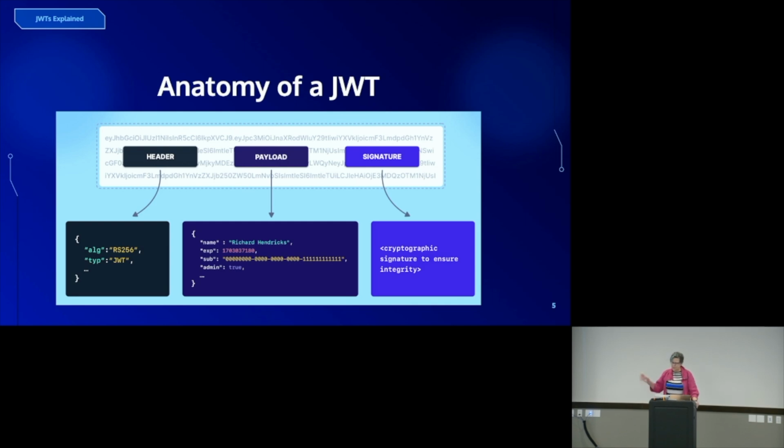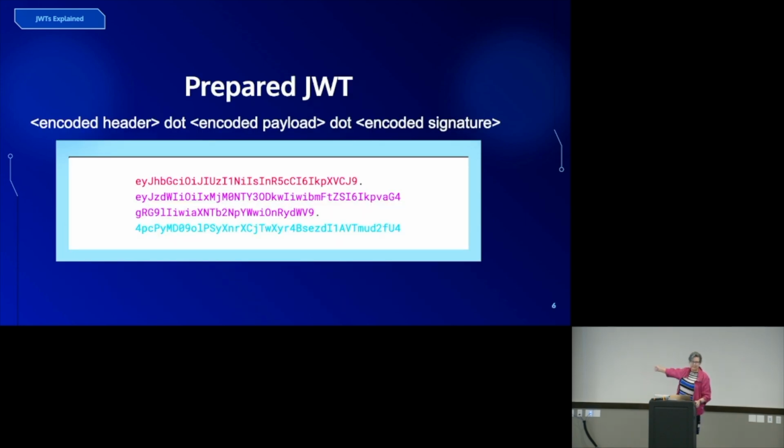Okay, so the signature is built by performing a cryptographic operation, taking the header and the payload, which we've encoded with base 64, and then creating a signature using a secret key that the authentication server has, and mashing it all together into that. Isn't that great? That's a JWT.